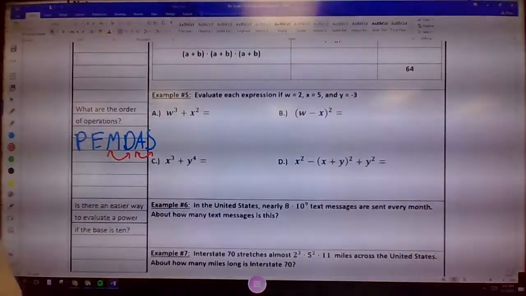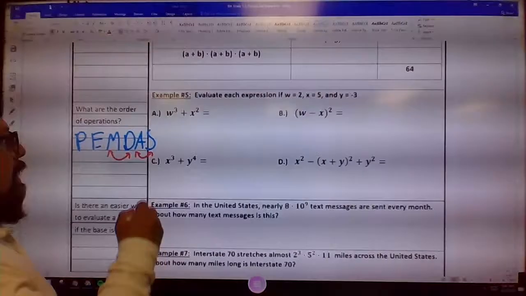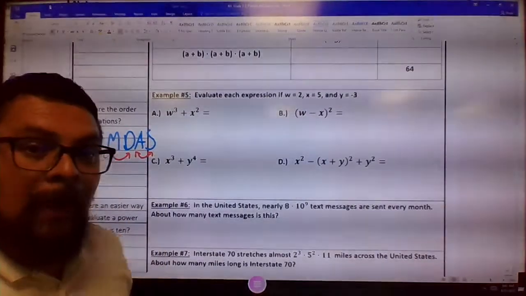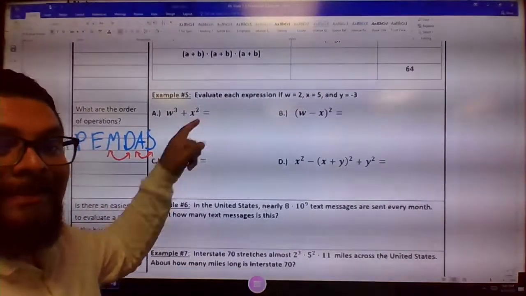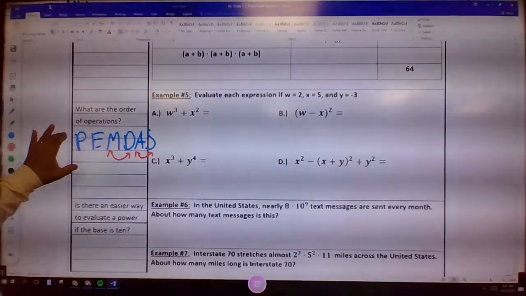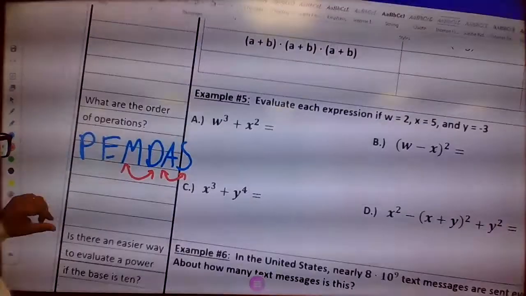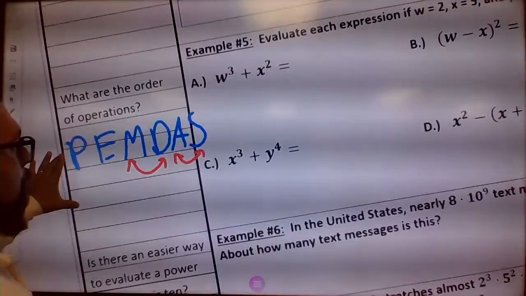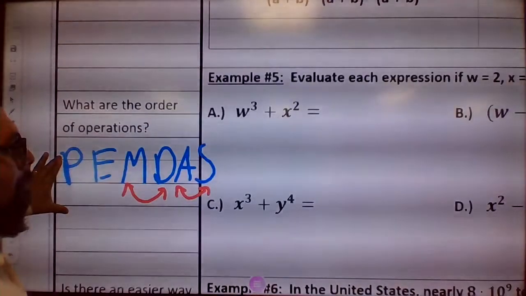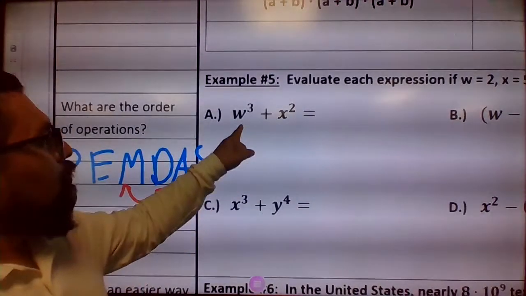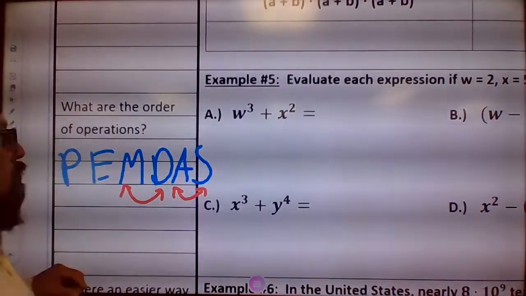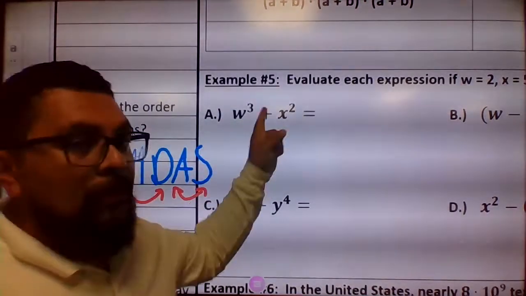All right, so A and B. For A, it says W to the third power plus X to the second power. Let me zoom in a little bit more so you guys can see better. That's too much zoomed in, but there you go. So it's W to the third plus X squared. What is W and what is X?